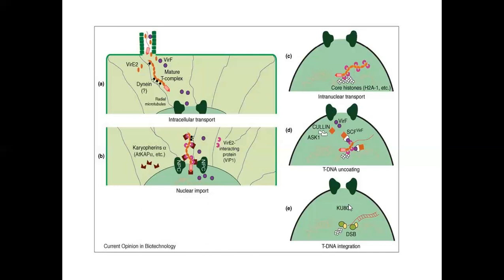During the combination with core histone proteins, virulent F proteins mainly help in the formation of proper chromosomes. Finally, the synthesized chromosomes contain the target DNA. The target DNA is present in the target plant cells.